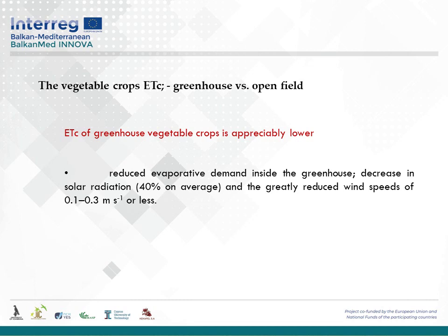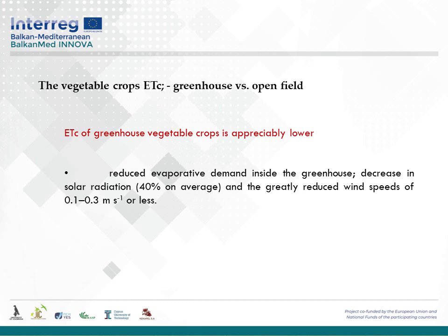First, there is a reduced evaporative demand inside the greenhouse, which is mainly due to the decrease in solar radiation. On average, it is calculated that 50% less sunlight reaches the greenhouse crops compared with open field vegetables.